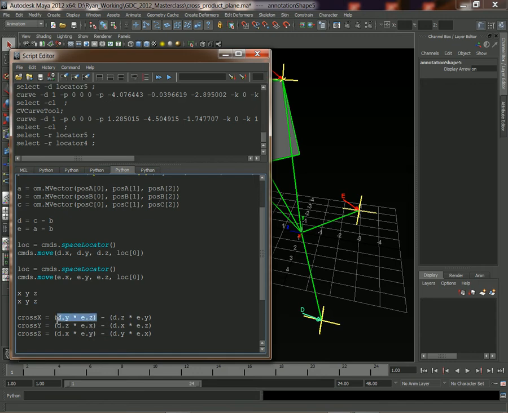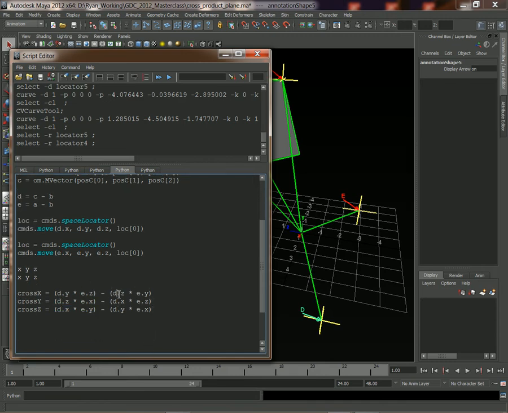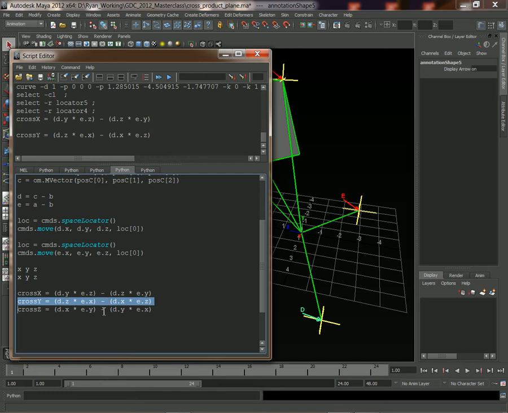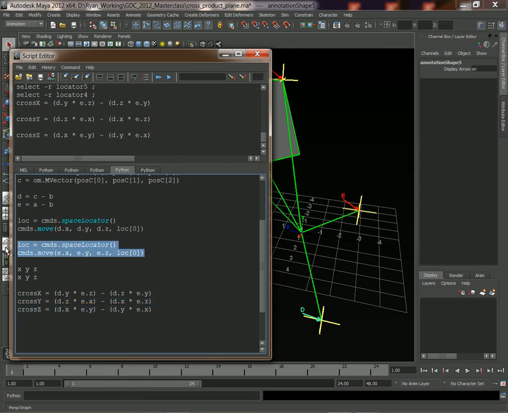And then once you have this first part, the other side is just flipped. So when it goes d.y, e.z, then it goes d.z, which is the same as this side, and then it goes e.y, which is the same as the other side. So then we get these three portions of the cross product.